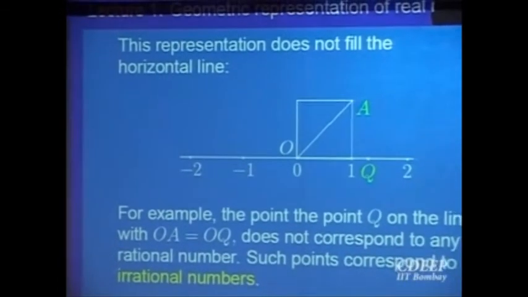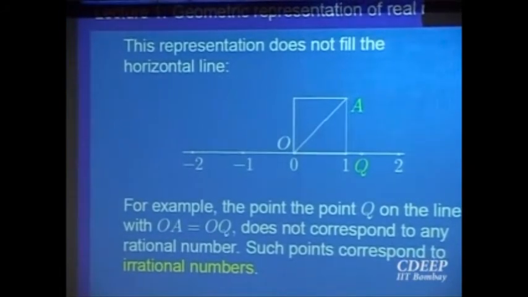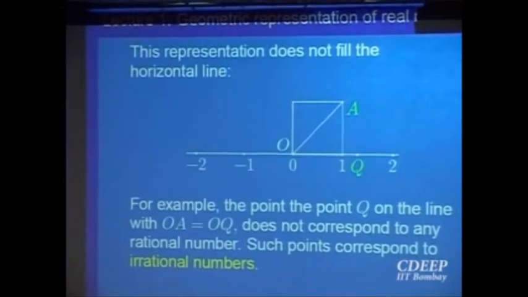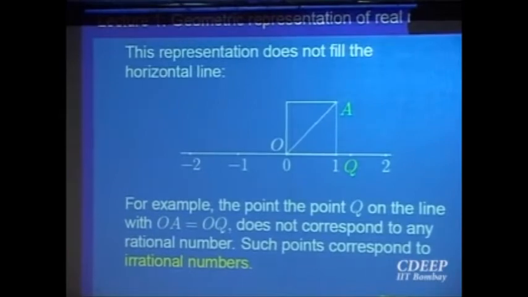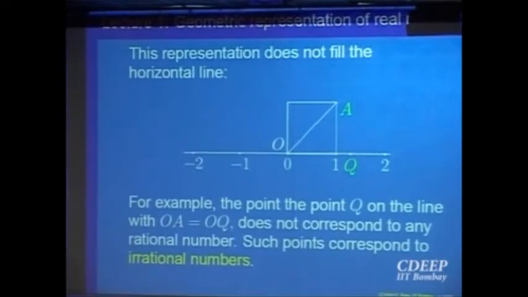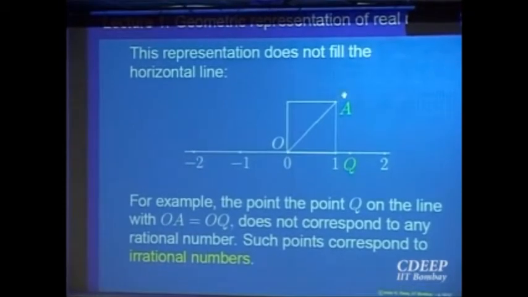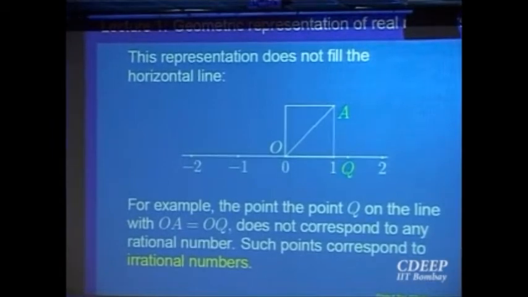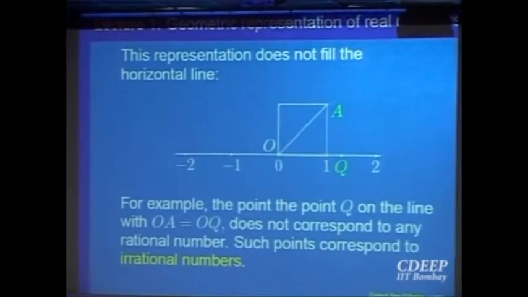The question is, is there a rational number which is sitting at the point Q or not? Right? If every point on the line represents a rational number, then what is the rational number that the point Q represents? Mathematically, what is the length OA? What is the magnitude of OA? I don't know what is root 2. But I know OA square by Pythagoras theorem is equal to 2.